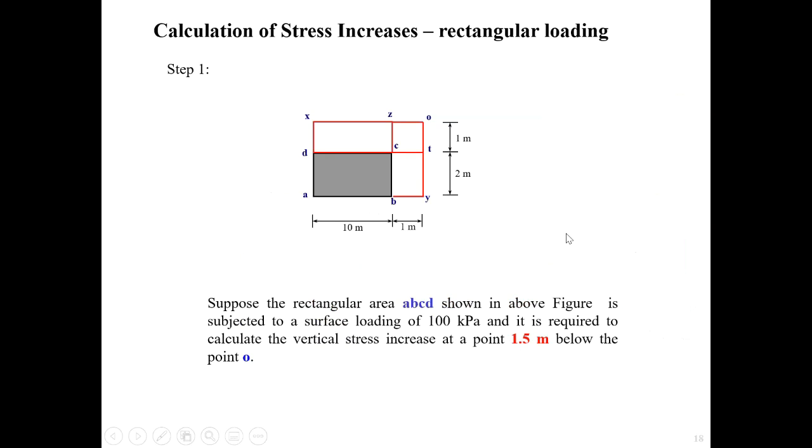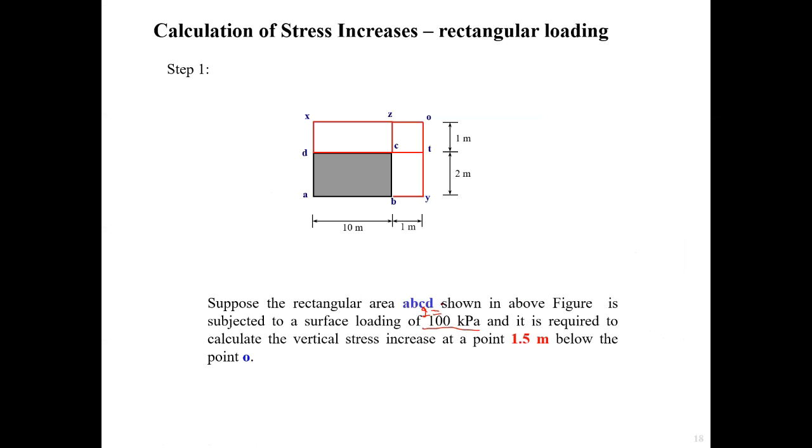That's clear. Okay. So this case, that's that case. For this example 18, the rectangular area ABCD is shown in the above figure, and we have the surface here. Now the Q is here. So Q is 100 kPa.